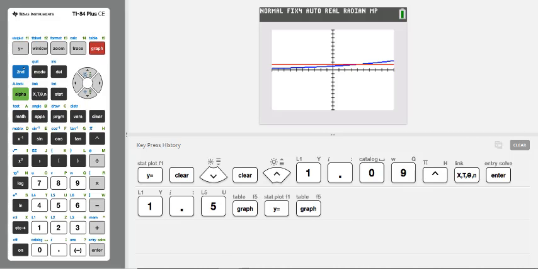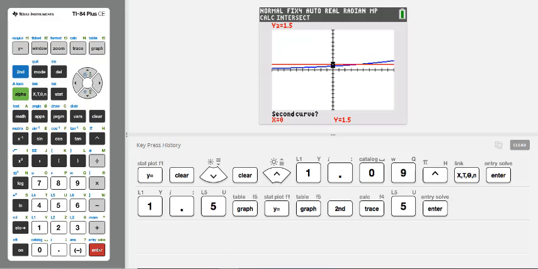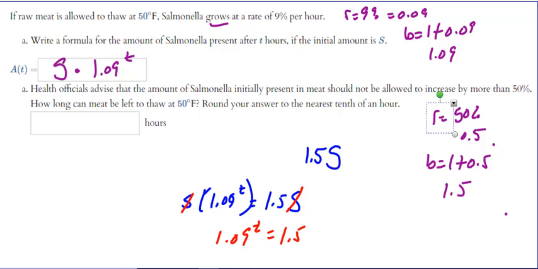All right, second trace, 5, enter, enter, enter, 4.705. So 4.705, nearest tenth of an hour, so it'll be 4.7 hours.